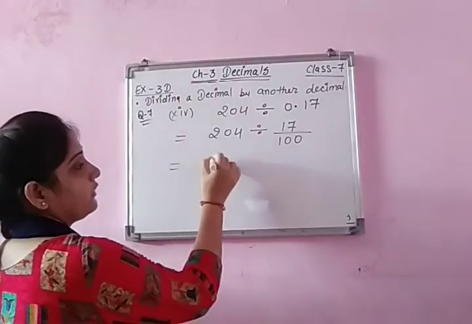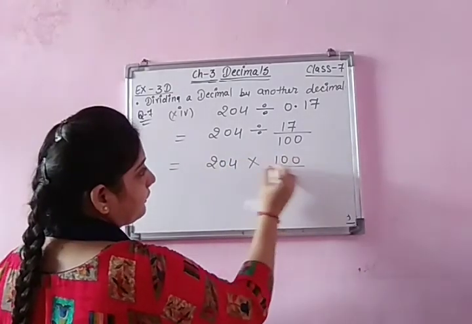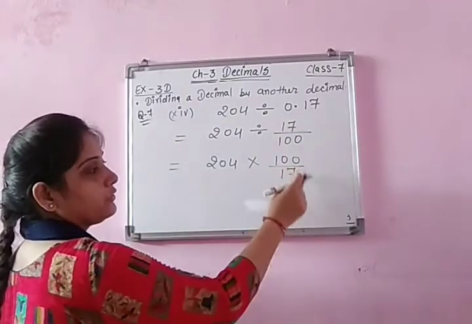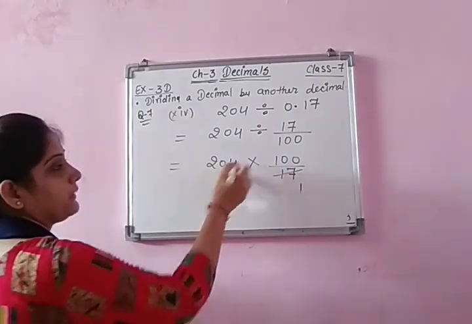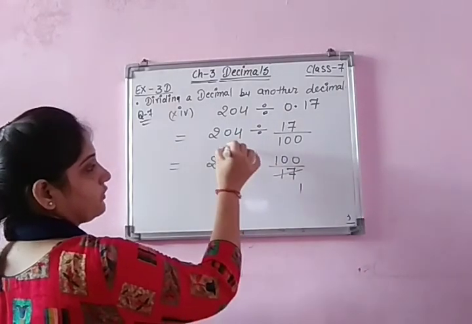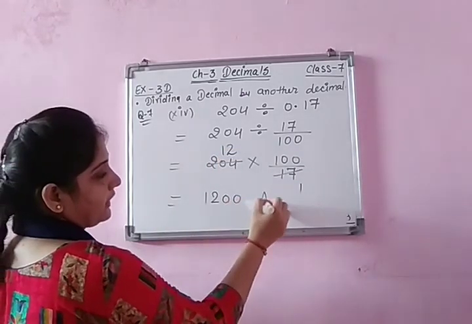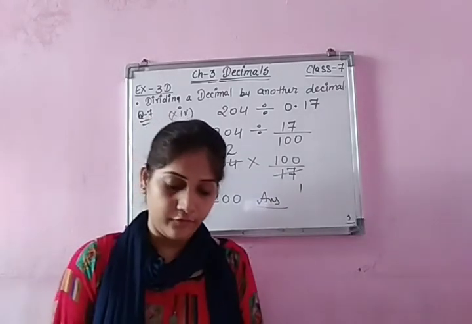Now 204 multiply by 100 upon 17. When you are converting to multiply, do its reciprocal. By 17 I am cancelling because 17 is a prime number. One time, and this is 3, so 17 2s are 34. 12 into 100 gives me 1200. So in this way we can solve these types of questions.